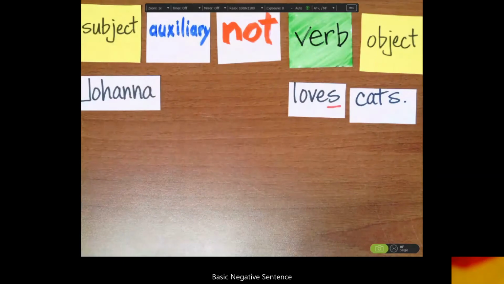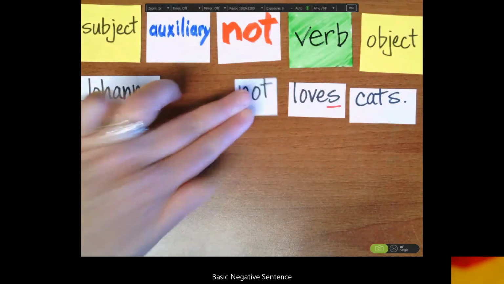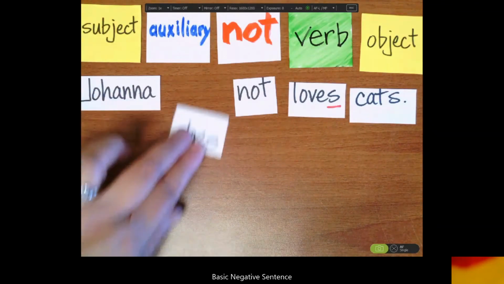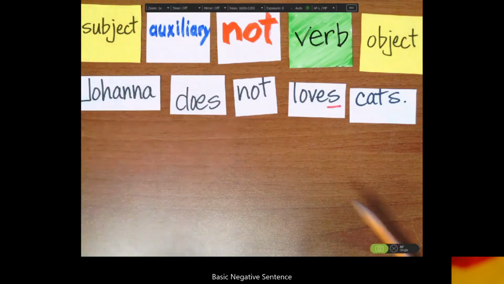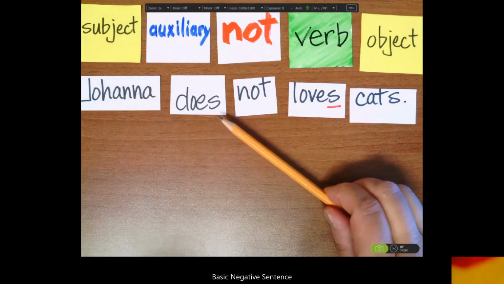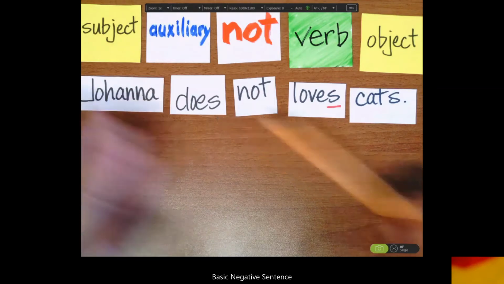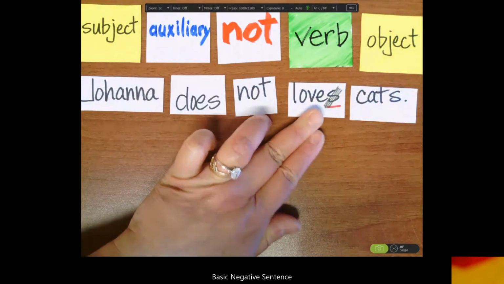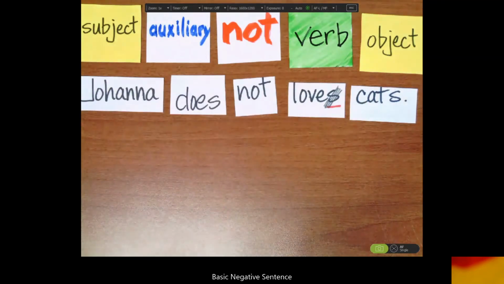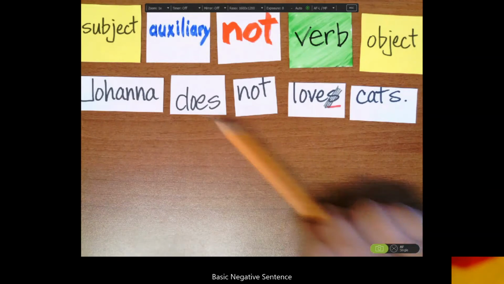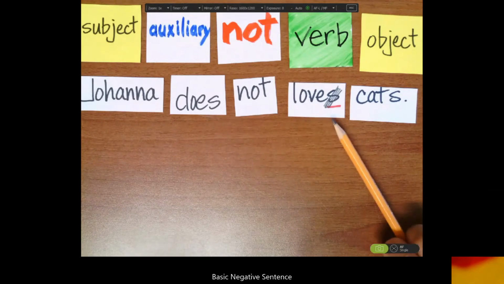Instead of having the S on that verb, we are going to put the S right here. Therefore, this shows that the subject is a he, she, or it, and we are going to scratch the S so that this one, the auxiliary, shows the S, and this one no longer shows the S.